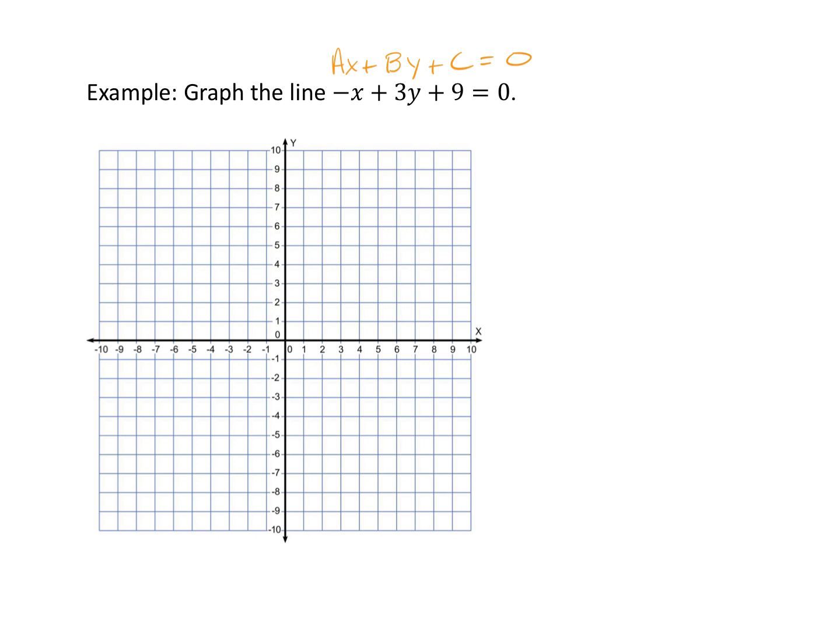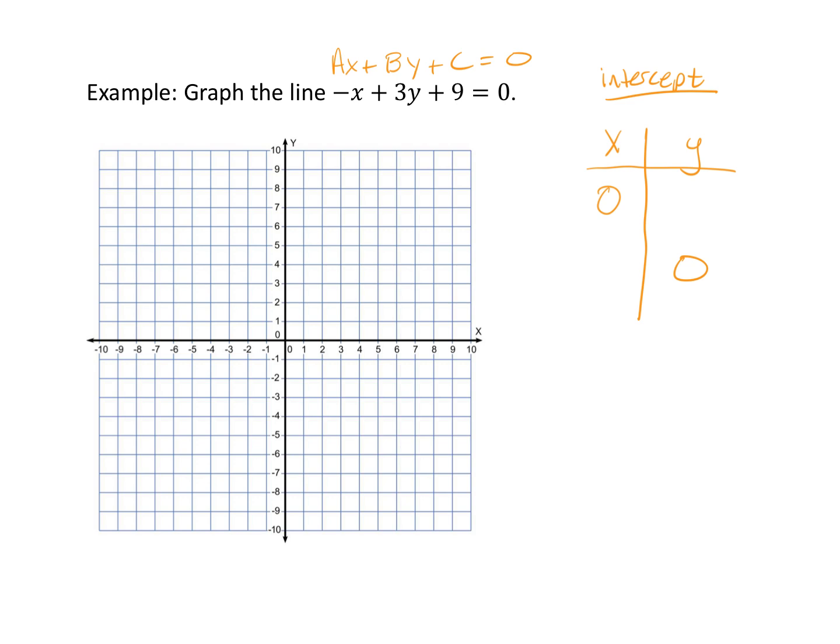So what we're going to do is make an XY chart and just get some points to put on this graph. And the easiest X and Y values to plug in are going to be 0. It only takes 2 points to determine a line. So this is called the intercept method, because when X or Y is 0, you're getting X and Y intercepts.